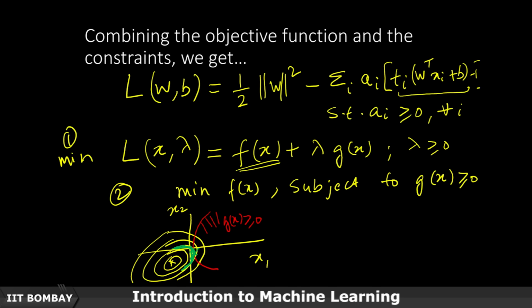It is easy to see that for all the other yellow curves, either g of x greater than or equal to 0 is not satisfied or the minimization of f of x is not satisfied. If you go to any yellow curve that is outside of the green curve, then f of x is a larger value. If we go towards the left, then f of x is a smaller value, but it will never touch the g of x greater than or equal to 0 boundary.